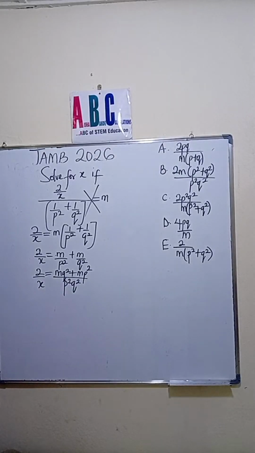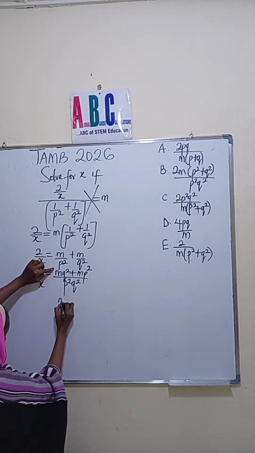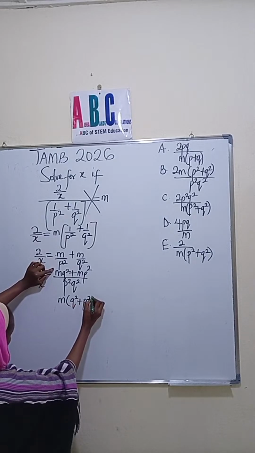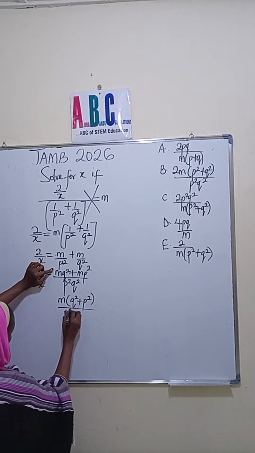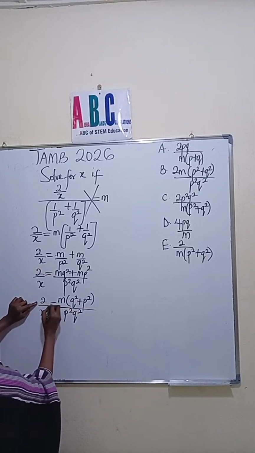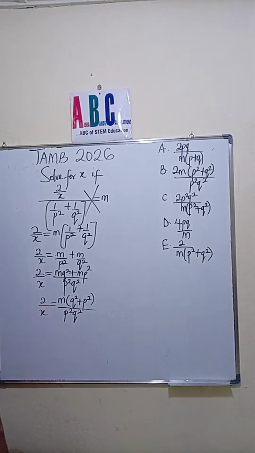So what can I do here? I can factorize m at the numerator. If I factorize m, I'll be having q squared plus p squared, all over p squared q squared. On the left hand side, I have 2 over x is equal to this.